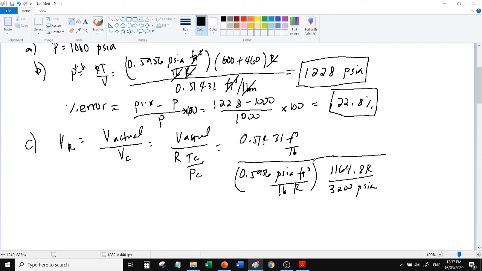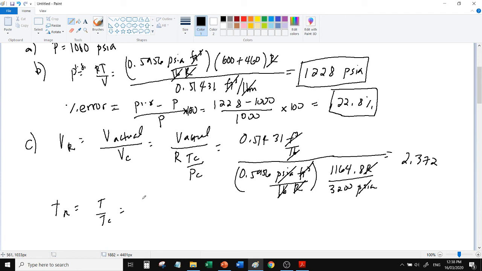Okay, feet cube. So, correct, it's unitless. So, V_R is 2.372. And then T_R is T over T_C.